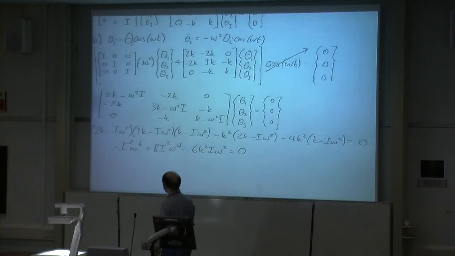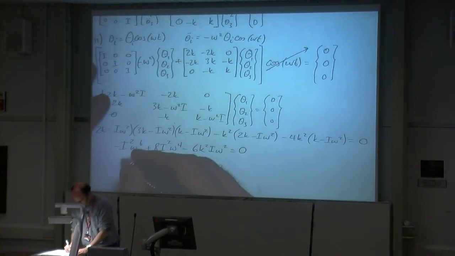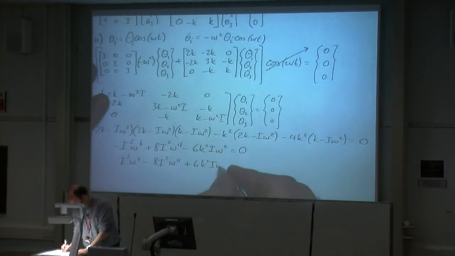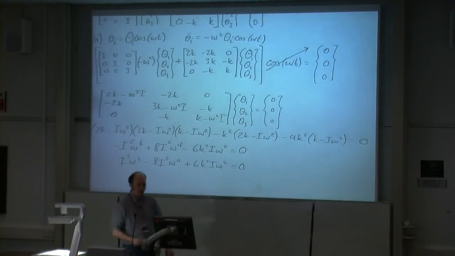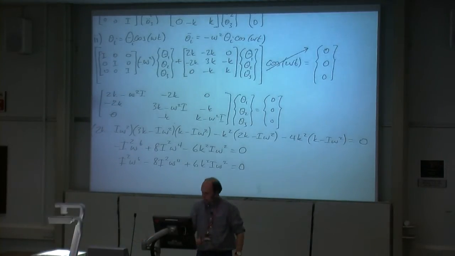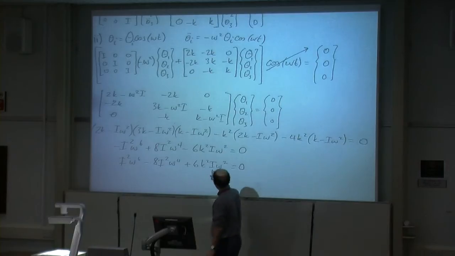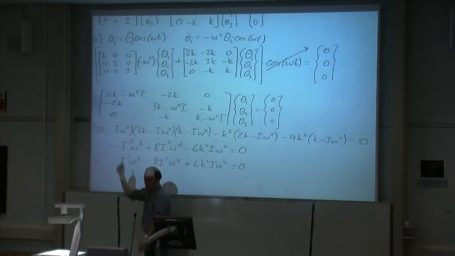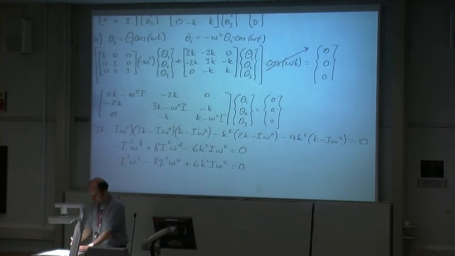Divide the whole lot by minus 1, which means that I end up with I squared omega 6 minus I squared omega 4 plus 6k squared I omega squared equals 0. And I notice that every term in here has an I omega squared. Here I've got an I omega squared, and here I've got an I omega squared. So I can take that out of the equation.